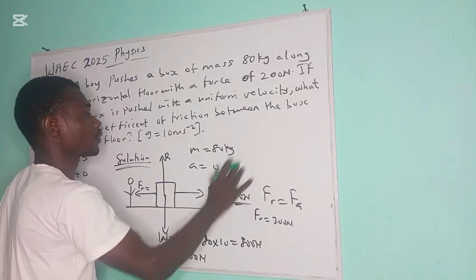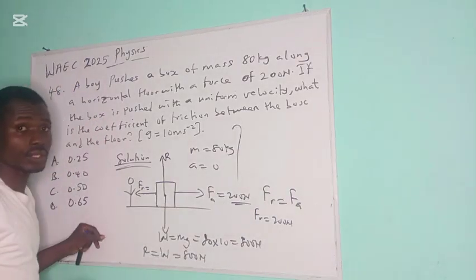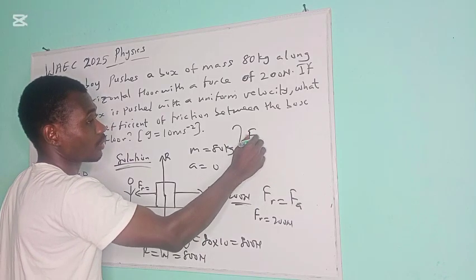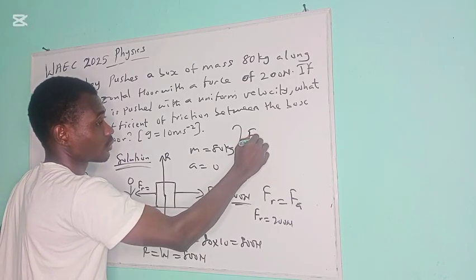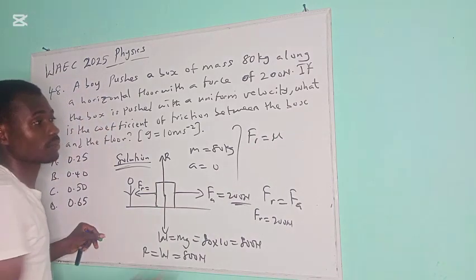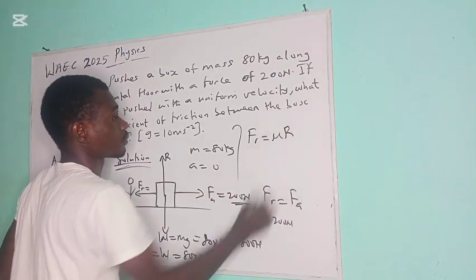From the solid friction law, the frictional force is equal to the coefficient of friction multiplied by the normal reaction.